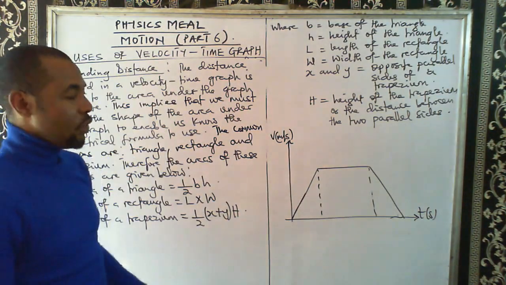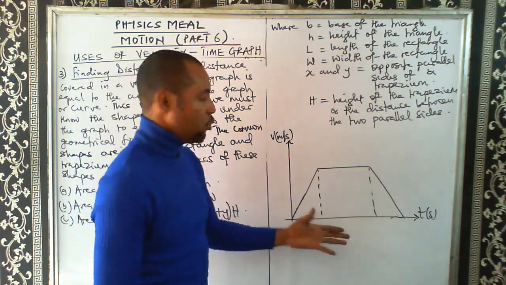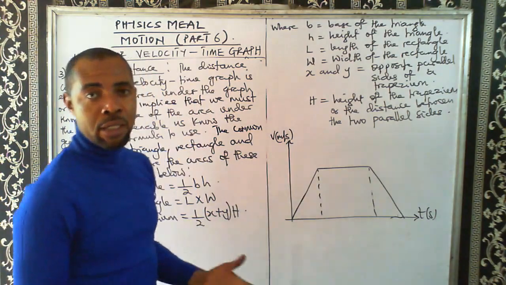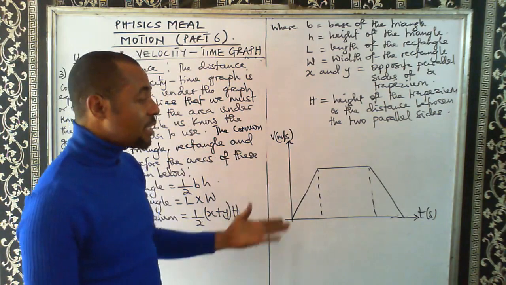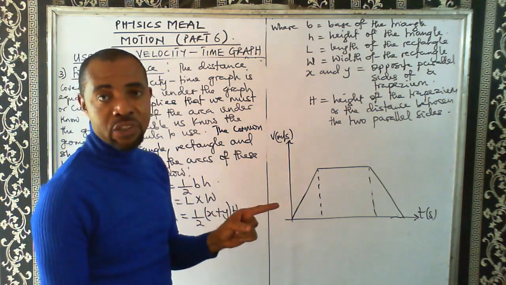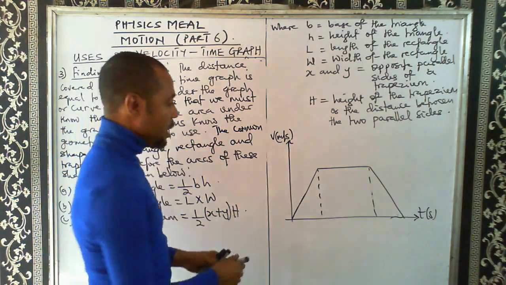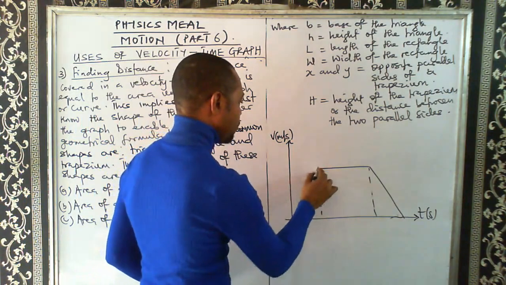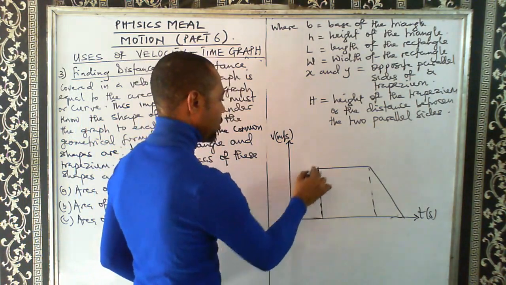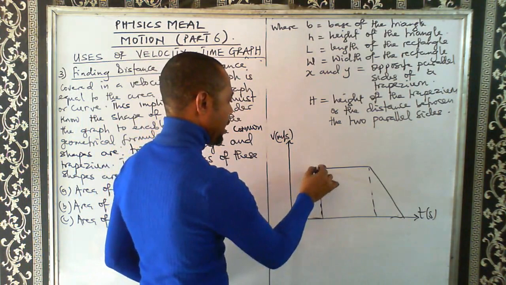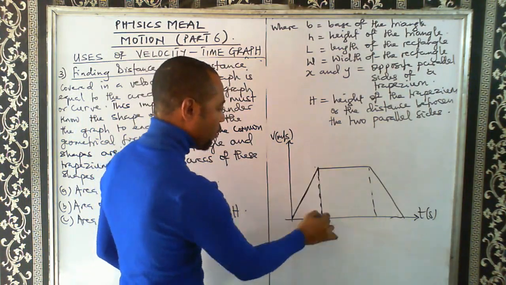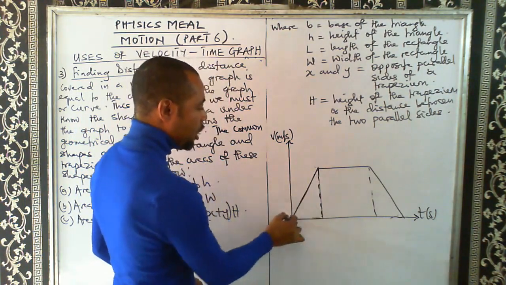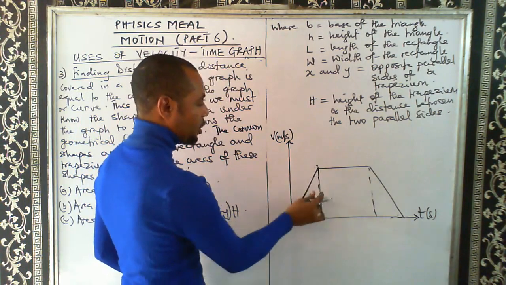You see that? If you don't know the shape, you will not be able to carry out the calculation. For example, if they ask, what is the distance covered during acceleration? Look at acceleration from here to here. It started here, and that's the end. The shape during acceleration is a triangle.